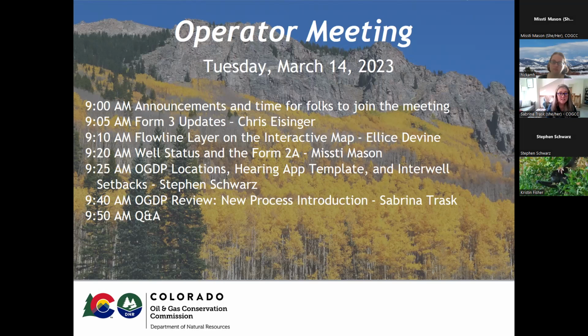If they don't have an email address, then we are happy to work something out with you where the operator would then need to act as proxy for the surface owner, receive that electronic notice from the director, and then ensure that that notice gets forwarded timely and accurately to the surface owner. So again, not an elegant solution, but let us know in the spreadsheet what the situation is, and staff will be happy to work with you.